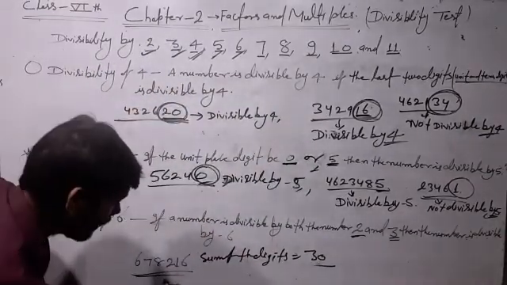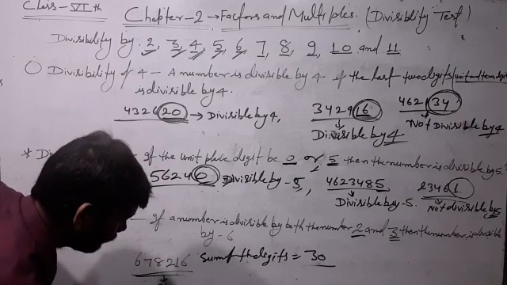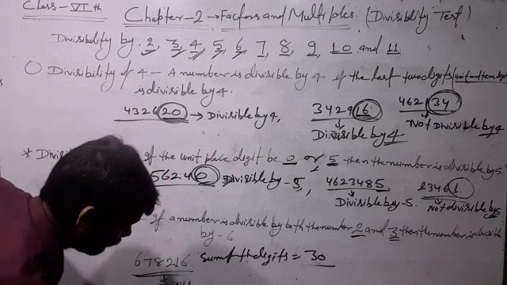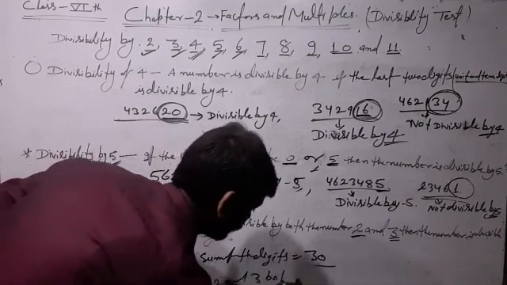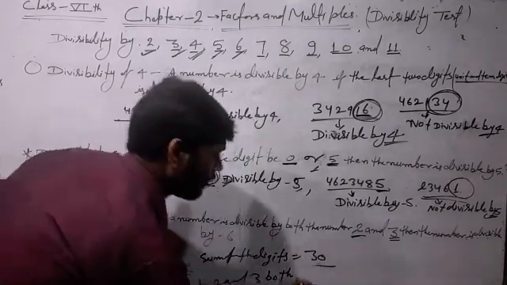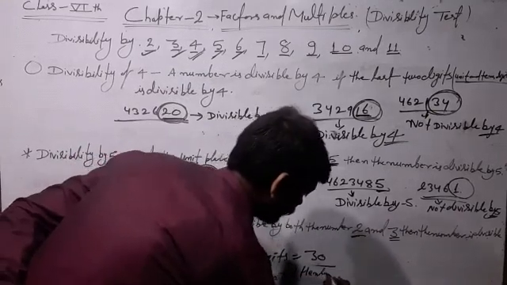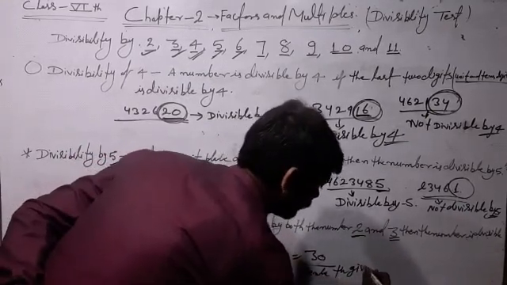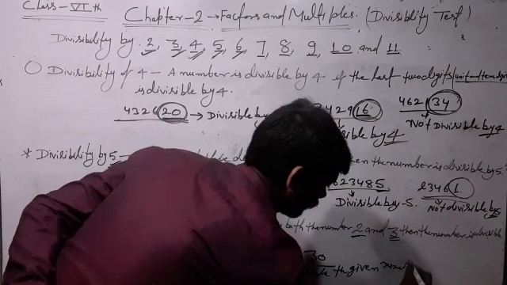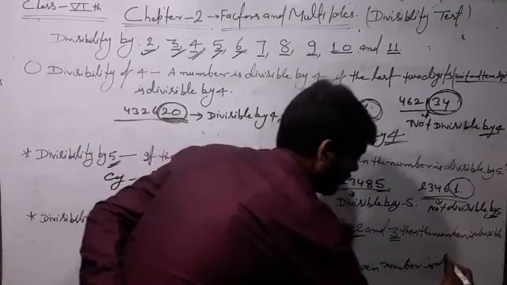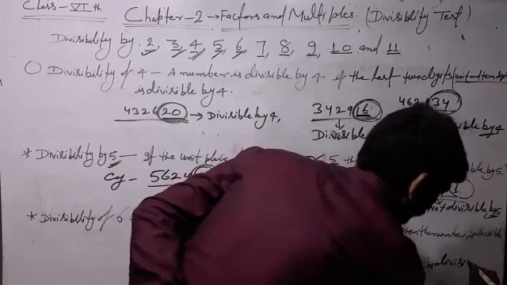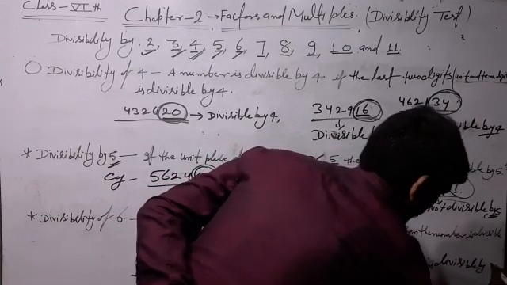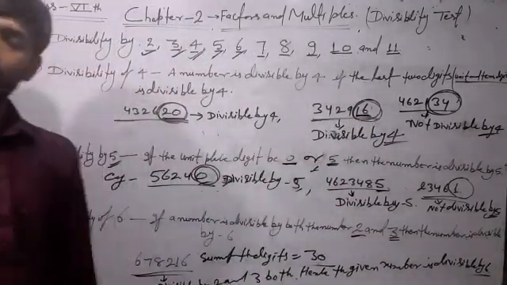So this number is divisible by 2 and 3 both. Hence the given number is divisible by 6. Understand?